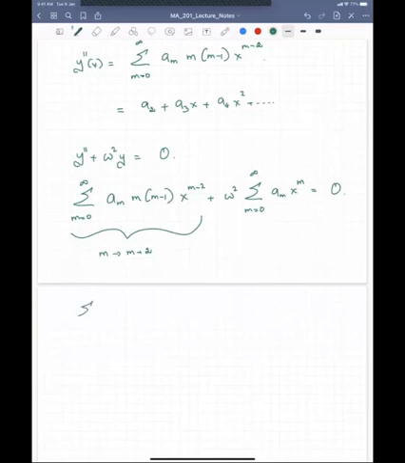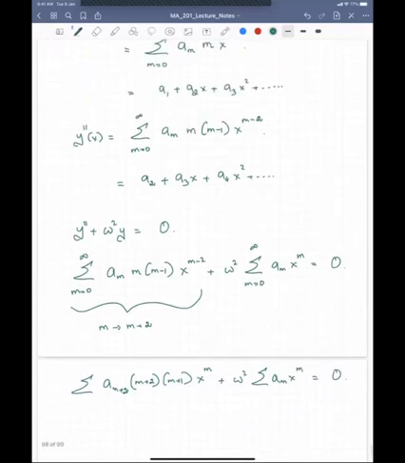The first series becomes a(m plus 2), m becomes m plus 2, and m minus 1 becomes m plus 1, and this becomes x to the m, because m minus 2 plus 2 is equal to 0. The second series is obviously am x to the m. I leave it untouched.